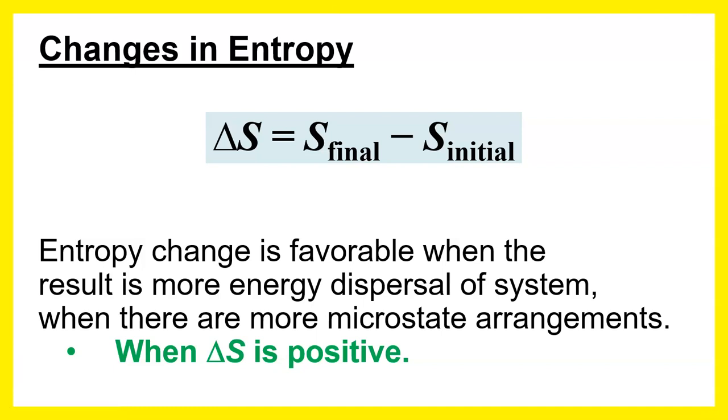So we can calculate delta S just like we calculate everything else, right? Final minus initial. Even though entropy is a weird concept, it still can be calculated in this very simple idea of final minus initial.